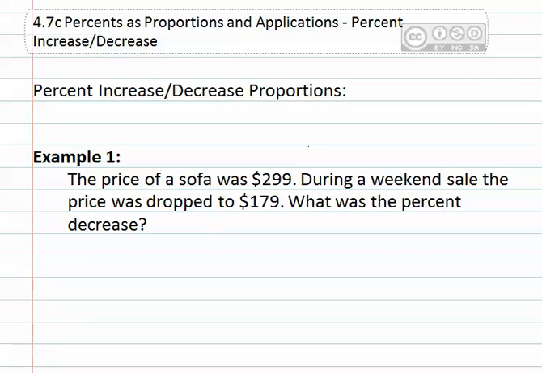4.7c, percents as proportions and applications. Percent increase or decrease. To find percent increase or decrease proportions, we do the change over the original, which equals the percent over 100.